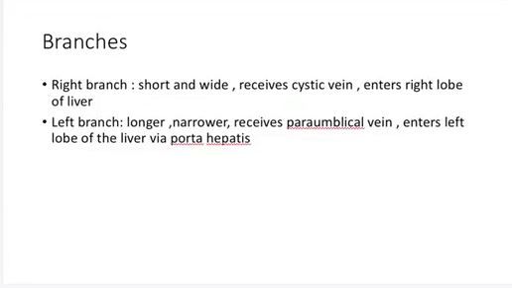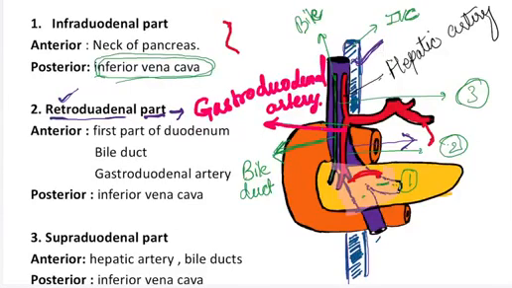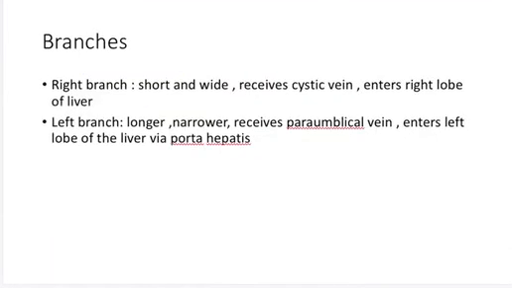So for now, the important thing for you to remember is that the portal vein ends at the right end of the porta hepatis by dividing into the right and left branch, which enter into the liver. The right branch is short and wide, and it receives a vein known as the cystic vein before it enters into the right lobe.